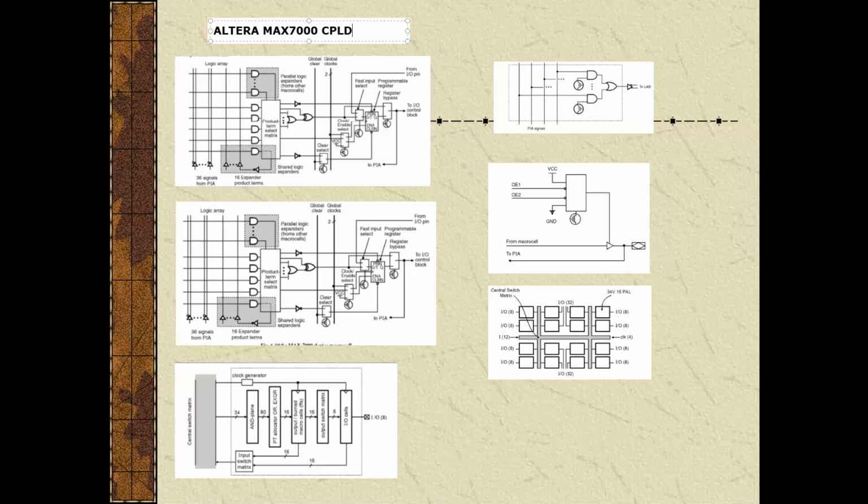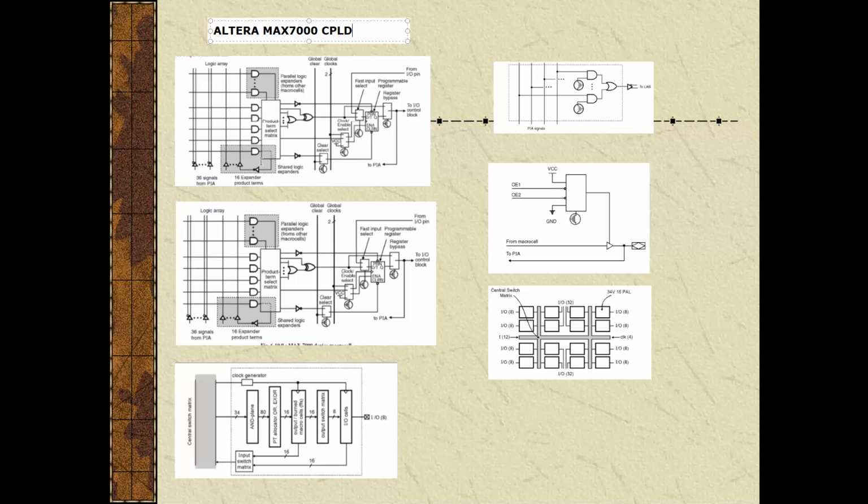Let's see the architecture of this Max 7000. The Max 7000 architecture includes logic array blocks. This figure shows the architecture block diagram of Ultra Max 7000, which has macro cells, expander product terms, programmable interconnect array, and input output control blocks.